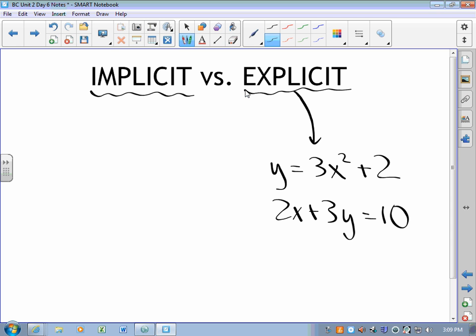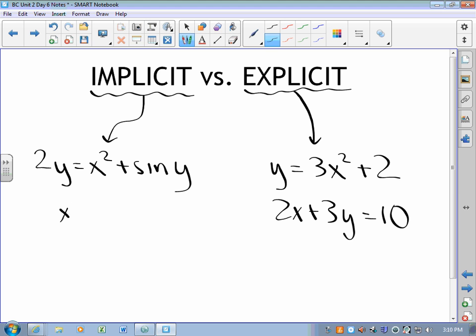In the same way, with implicit functions, an implicit function isn't always even a function. An equation where y is defined implicitly means that we have a situation like this, where it is impossible to solve for y all by itself.